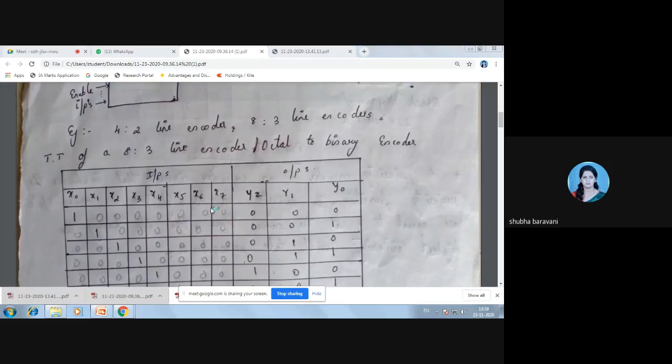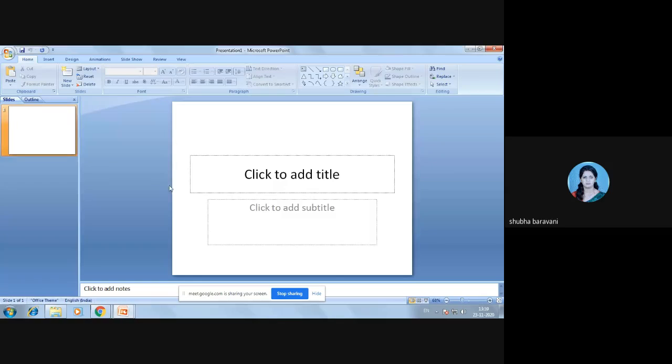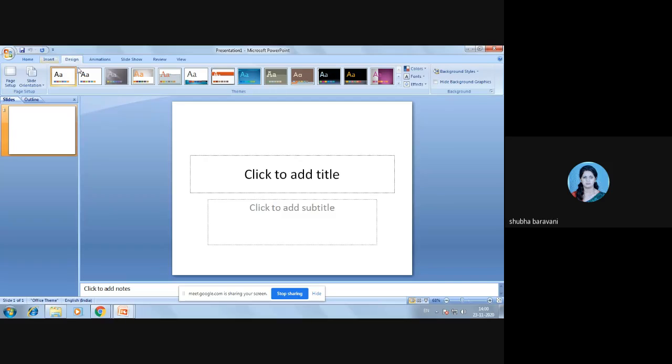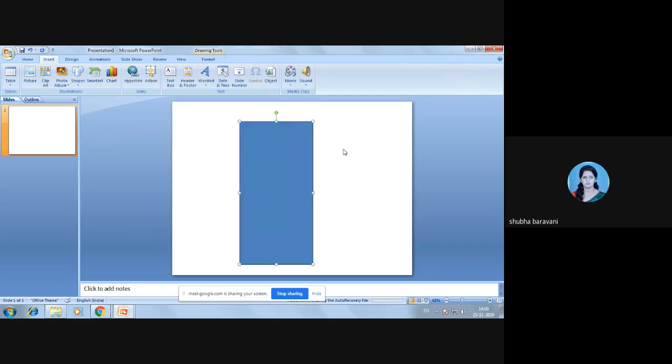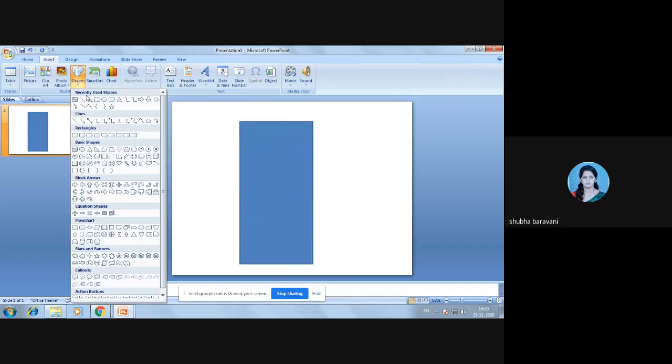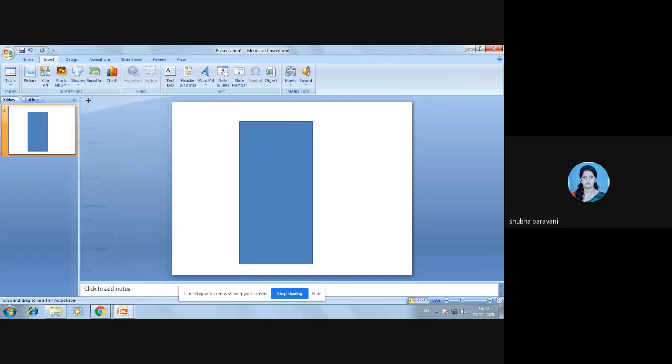just a minute, I'll draw an encoder. So at this point I know an encoder is a device which has 2 power n input lines.